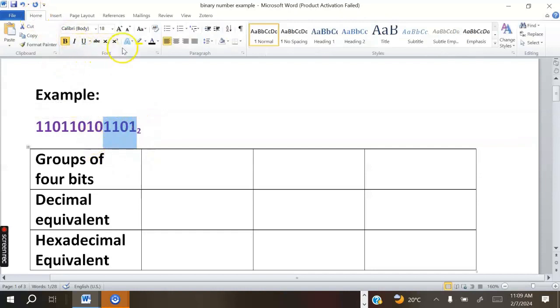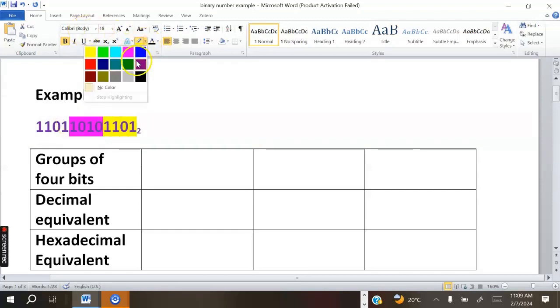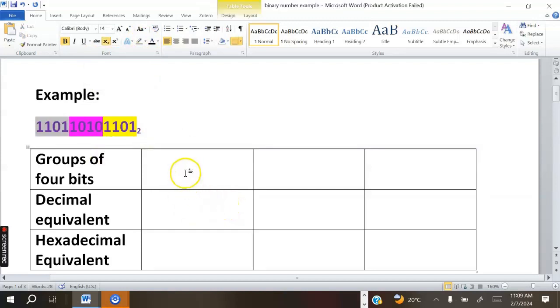So we have the first bunch. Maybe we can give this a different color. Then we have this one, another group, another color there, and lastly we have this one. Give it a different color. So what we have done, we have arranged the number in groups of 4. So group number 1, we have 1101.